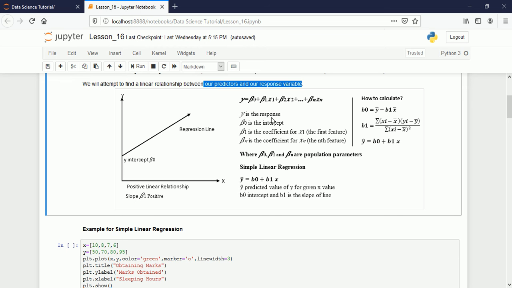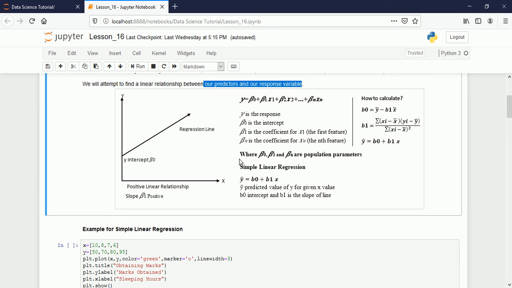Now y is the response value; it should be calculated and the value will be stored in y. b naught is called the intercept, the value from this point to this point, beta naught intercept. b1 is the coefficient of x1, bn is the coefficient of xn.